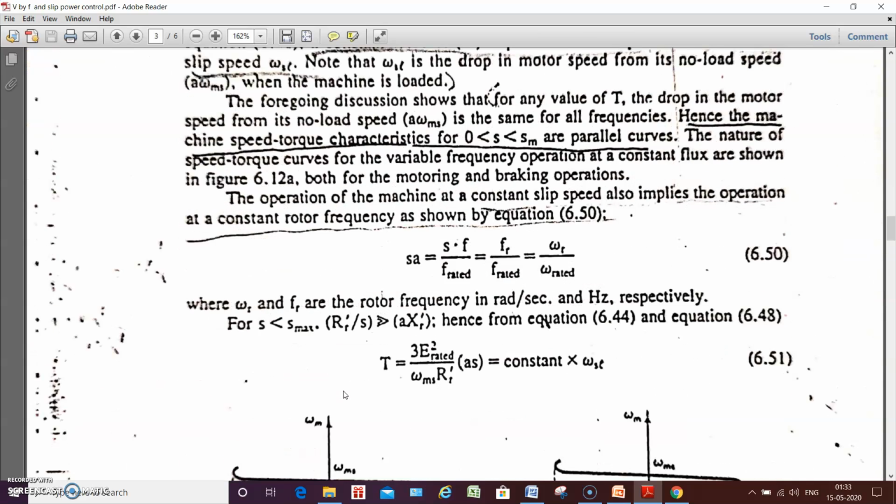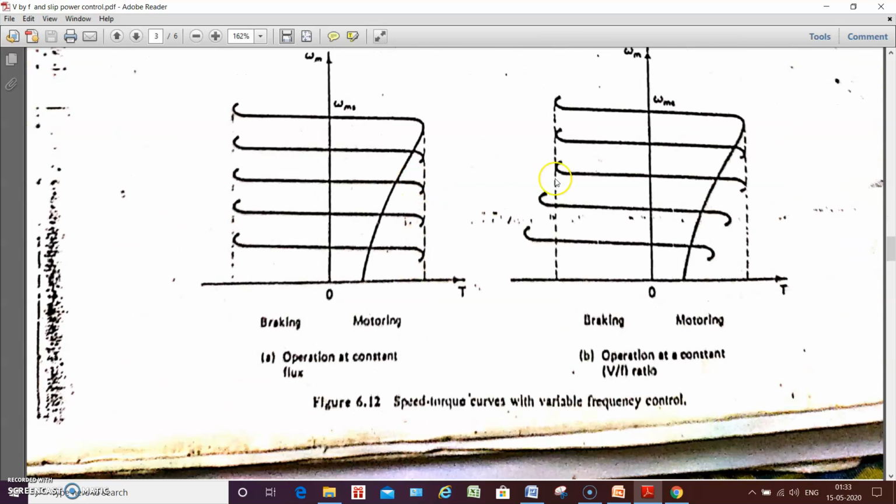So that is why the speed torque characteristics is not drawn like this. The maximum torque is going to be constant irrespective of any value. So in all this speed torque equation, it is for one particular speed torque curve, for one particular frequency. It is for another frequency, and for another frequency.